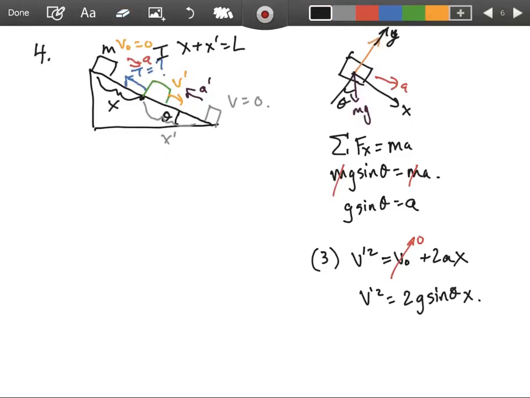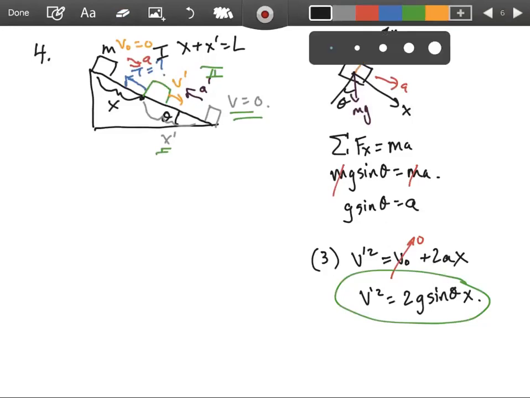Great. So now let's look at section 2. In section 2, what I know is that this is my initial velocity for section 2, and I know my final velocity is going to be 0. I know the distance it travels, so from that, I'm going to find my acceleration a prime. For that, we can again use our third kinematic equation.